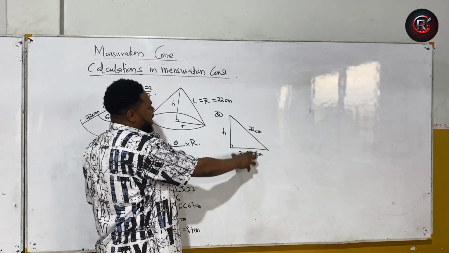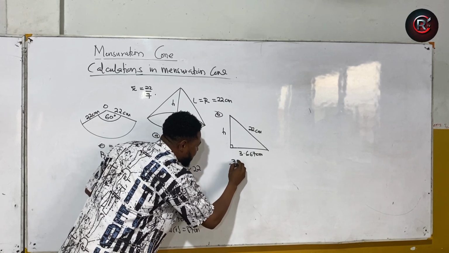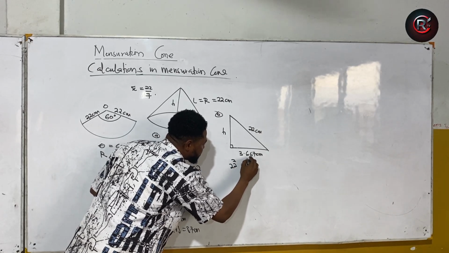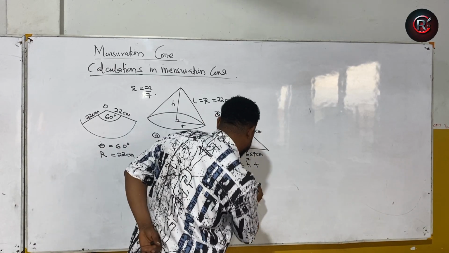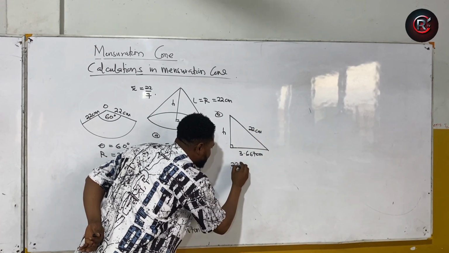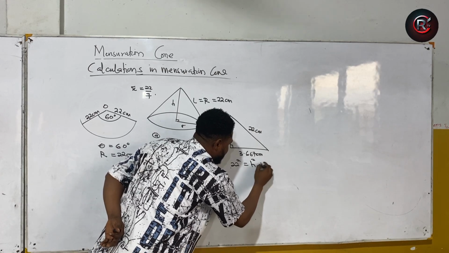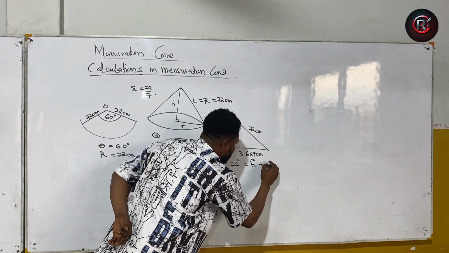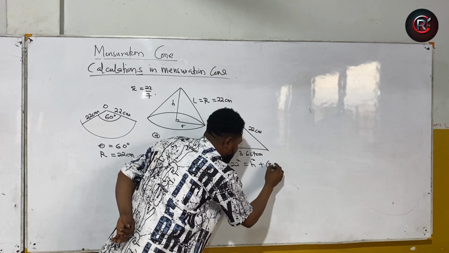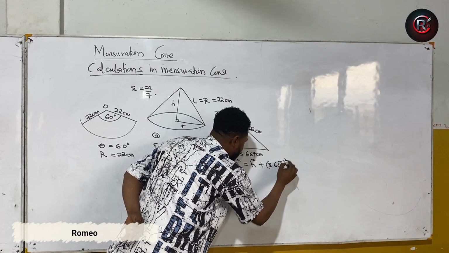Now, using Pythagoras' theorem, as we studied, 22 squared should be equal to h squared plus our radius, 3.667, all squared.